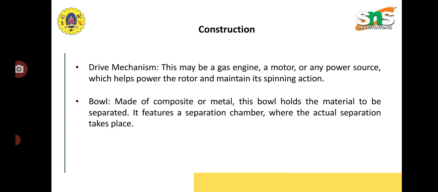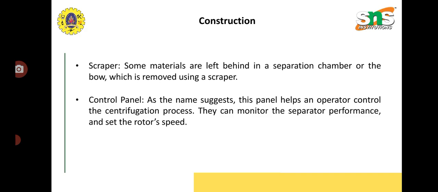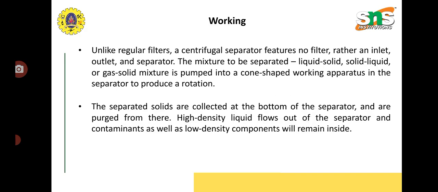And a bowl made of composite or metal holds the materials to be separated. Then the scraper: some materials are left in the separating chamber which can be removed using the scraper, and the control panel is used for controlling the whole process.